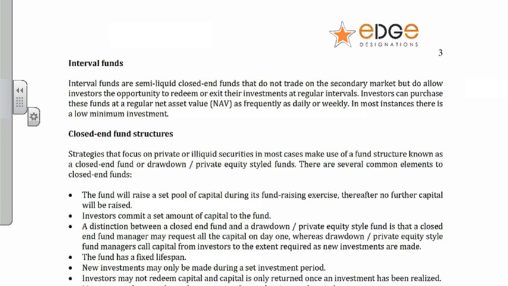That's why they call it regular intervals. Investors are able to get out of their funds. Investors can purchase these funds at the regular net asset value, even as often as daily. In most cases, there is a low minimum investment. In other words, not so difficult to get in because the minimum investment is not so high.